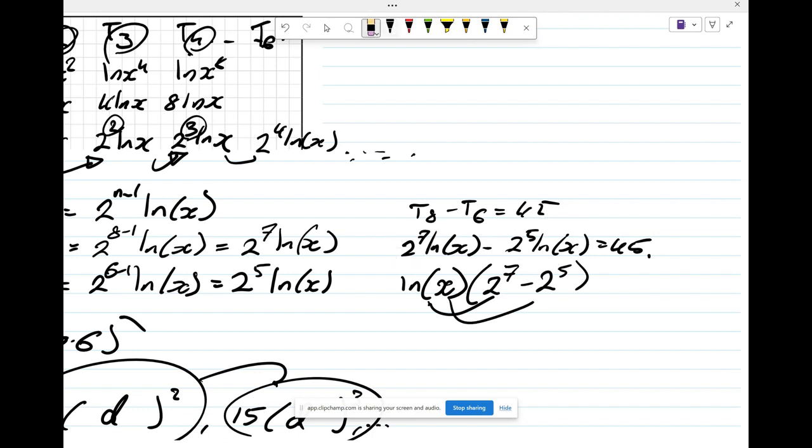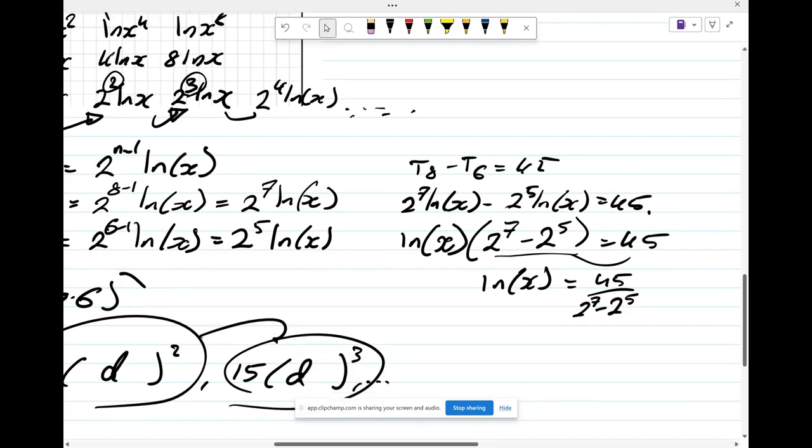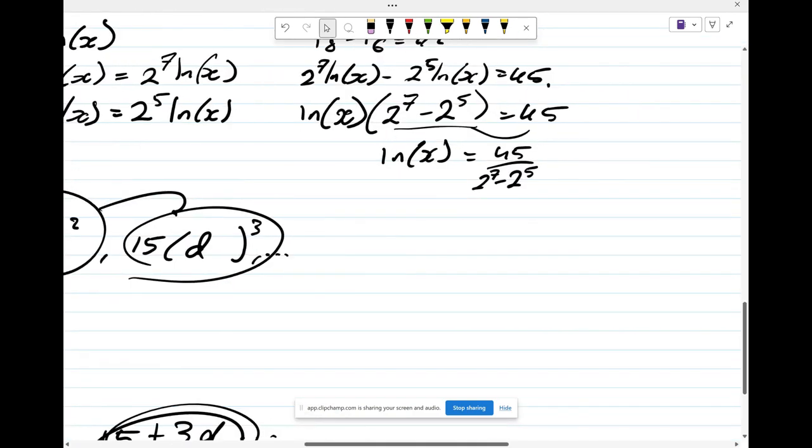Perfect. And now what we can do is say ln x is, you can divide across by this term, 45 over 2 to the power 7 minus 2 to the power 5. Then if we wanted to get rid of the ln, the opposite of ln is raising something to the power of the same base. So the opposite of a log is raising something to a power. And that's what we're going to do here.